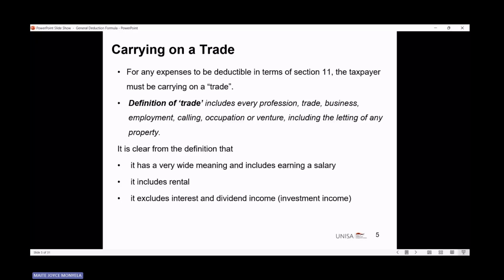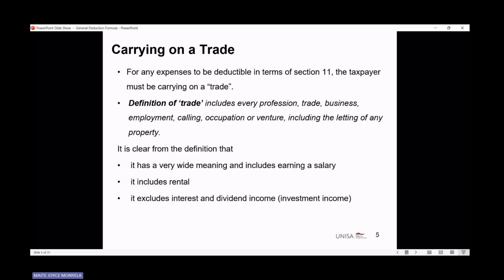The definition of a trade in terms of section 11 includes every profession, trade, business, employment, calling, occupation or venture, including the letting of any property. So the taxpayer must be in any profession or trade or business, employment or calling, occupation or venture.